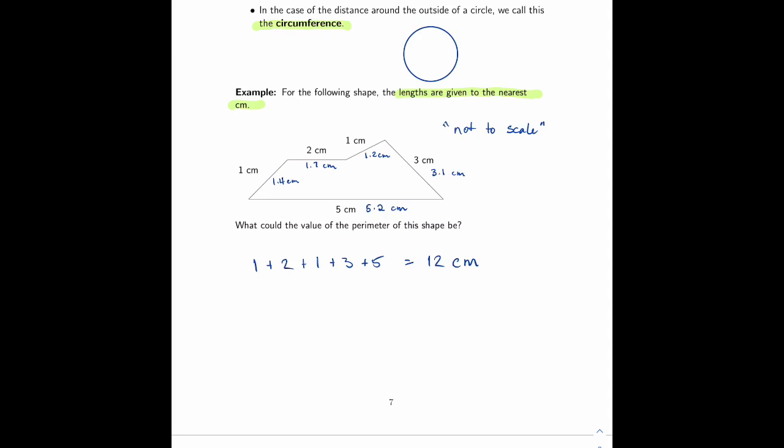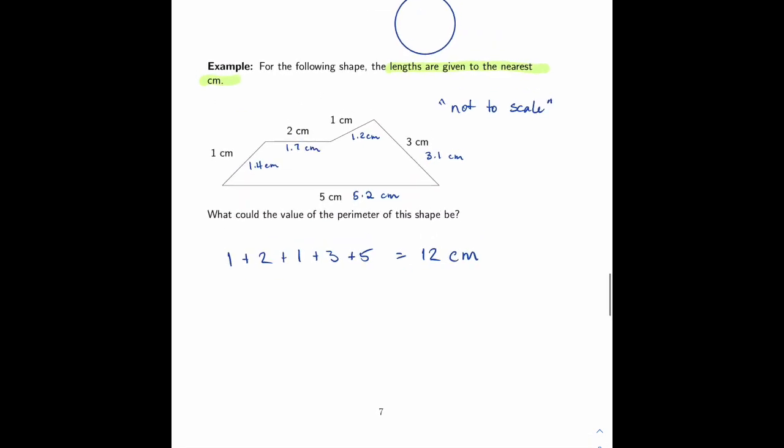And if that were the case, then working with tenths of centimeters, we might say that the perimeter is 1.4 plus 1.7 plus 1.2 plus 3.1 plus 5.2, which is 3.1, 4.3, 7.4, 7.6, so 12.6 centimeters.